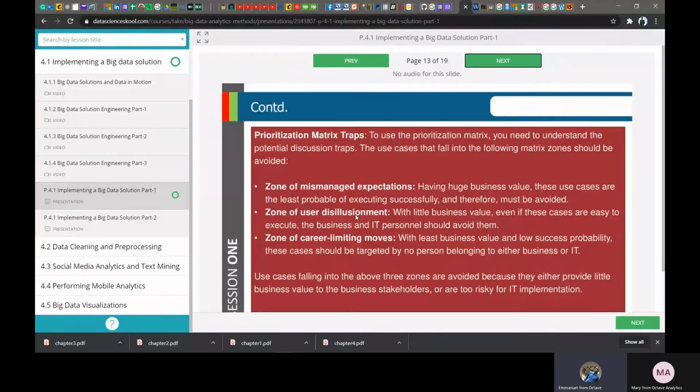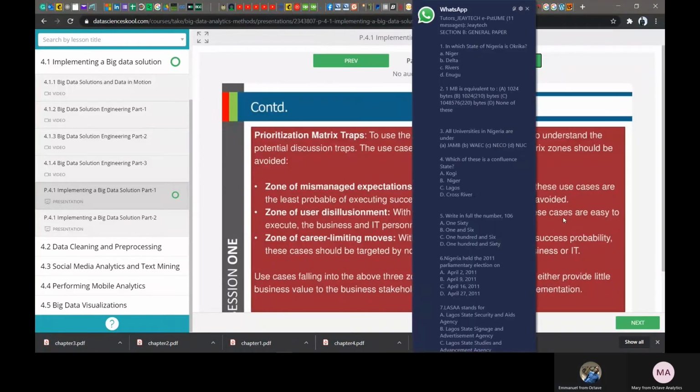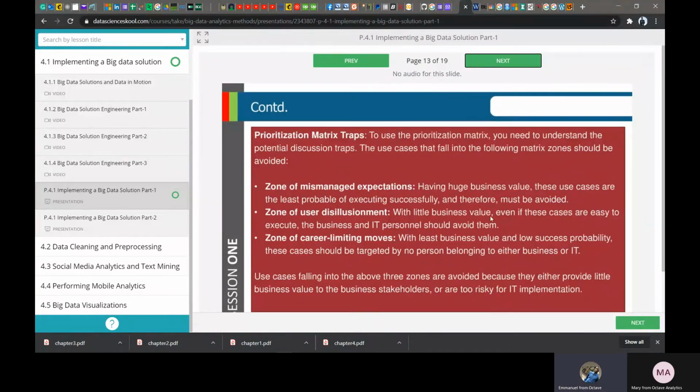And we have the zone of user disillusionment. With little business value, even if these use cases are easy to execute, the business and IT personnel should avoid them.